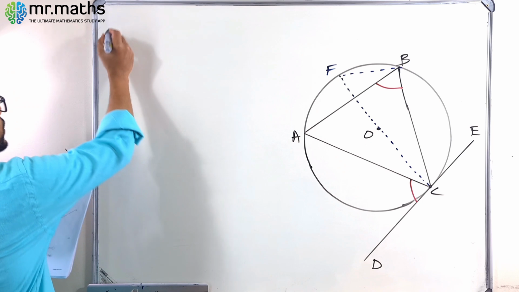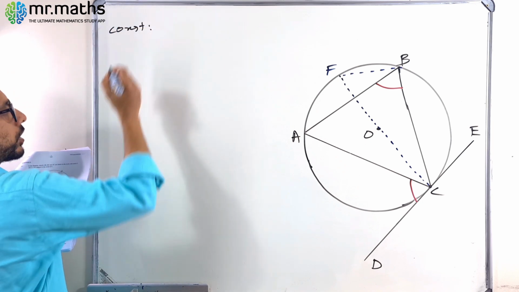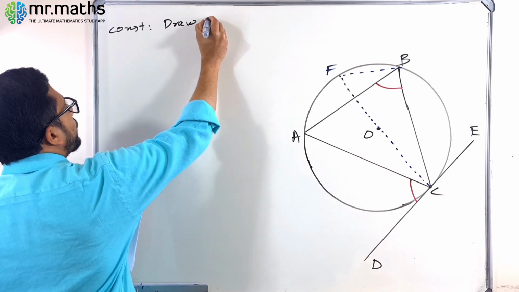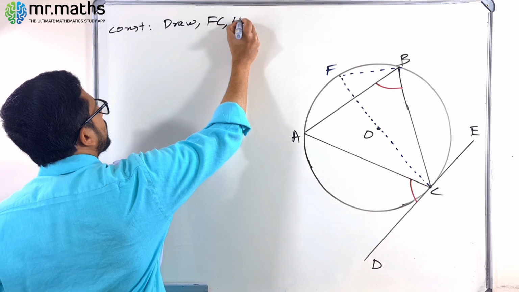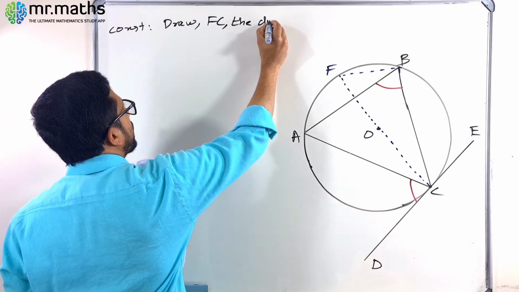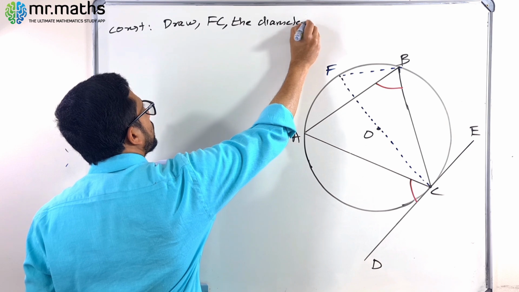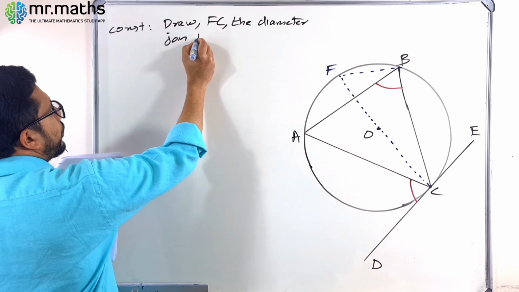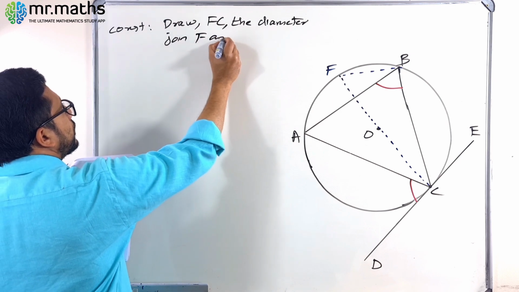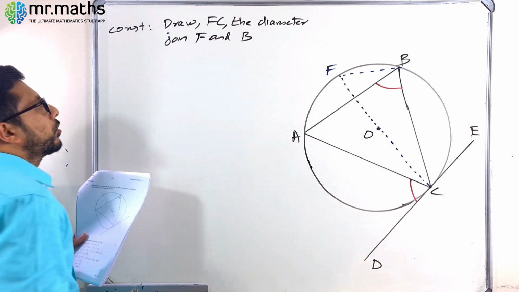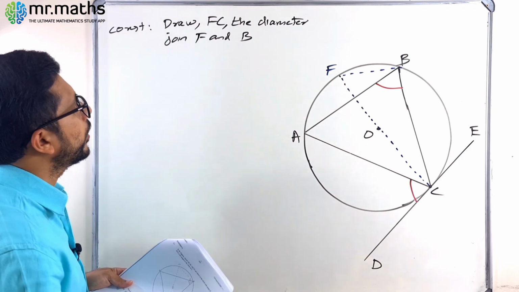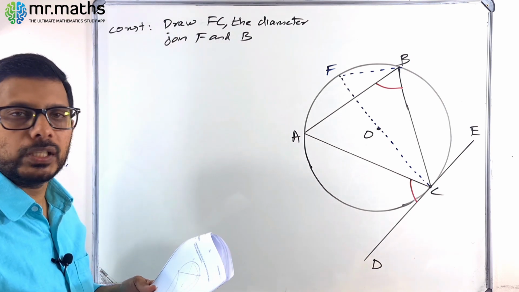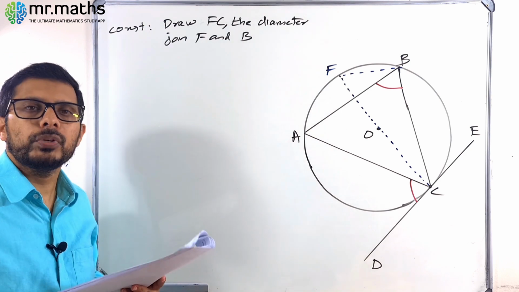So what is the construction we did? Construction: draw the diameter FC, and join F and B. Okay, whatever may be, now we have to start the proof.